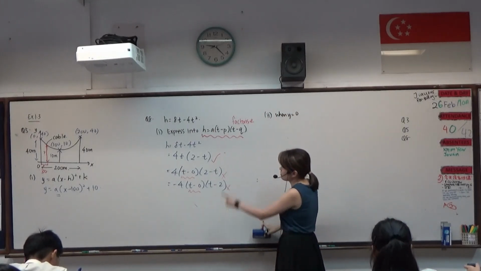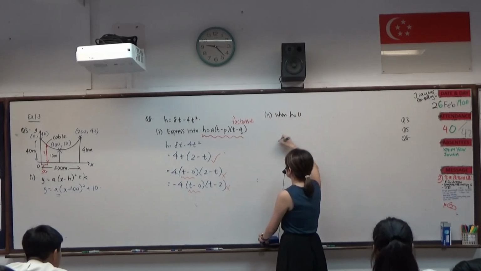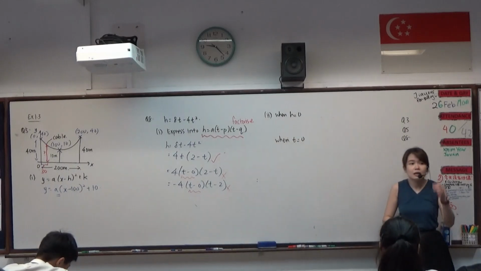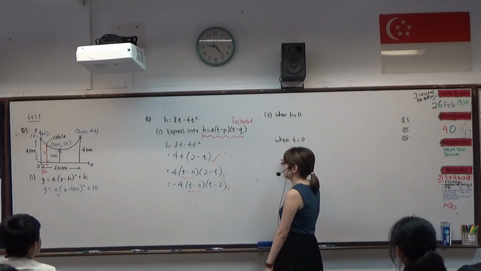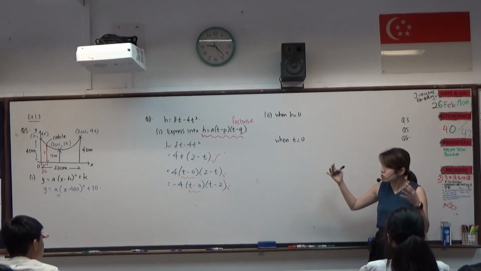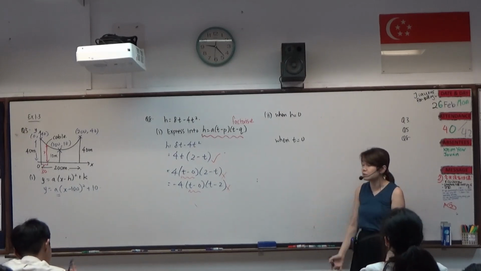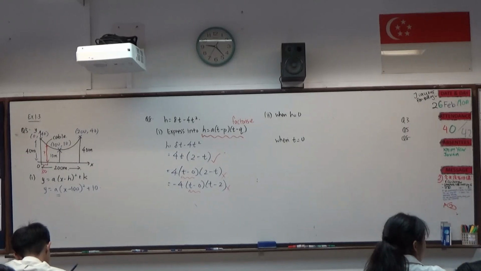In fact, there's no y over here, it's h and t. So when h equals 0, and then when t equals 0, it will help you to find the h-intercept. Then to find the turning point, you can use the 2 t-intercepts, find the t coordinate, and then after that substitute back in to find the h coordinate. I will not repeat part 2. You're expected to do that.